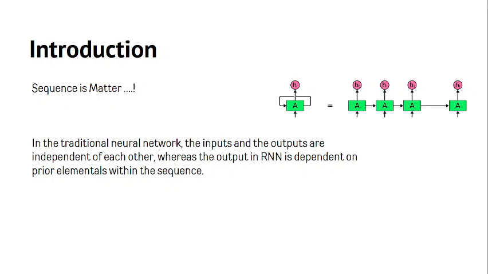Let's start. So sequences matter. Why do sequences matter? Right now, consider we have only three machine learning models: ANN, CNN, and RNN. CNN is good for image data.